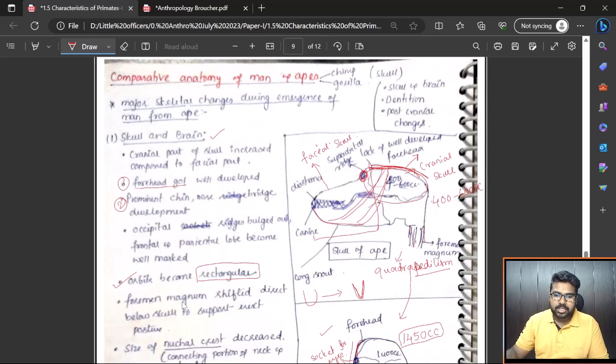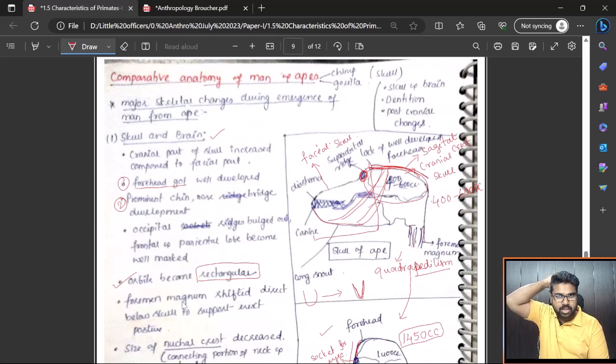That small bony ridge is called the sagittal crest. In the last class I showed you what a sagittal crest is. So this is another change. Now as the prognathic jaw receded, it no more requires the sagittal crest to hold it. That's the reason why it disappeared.